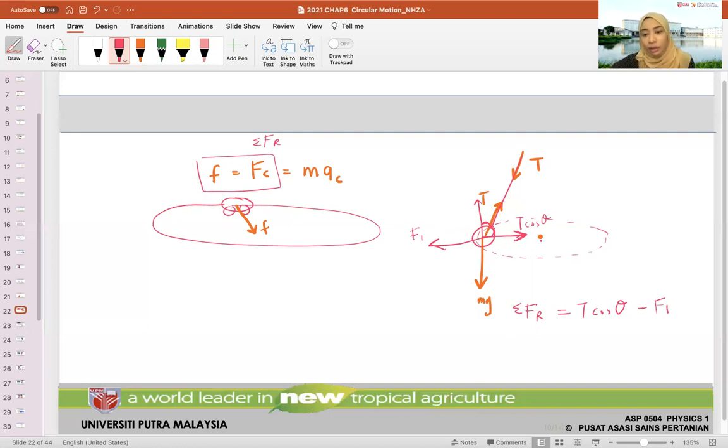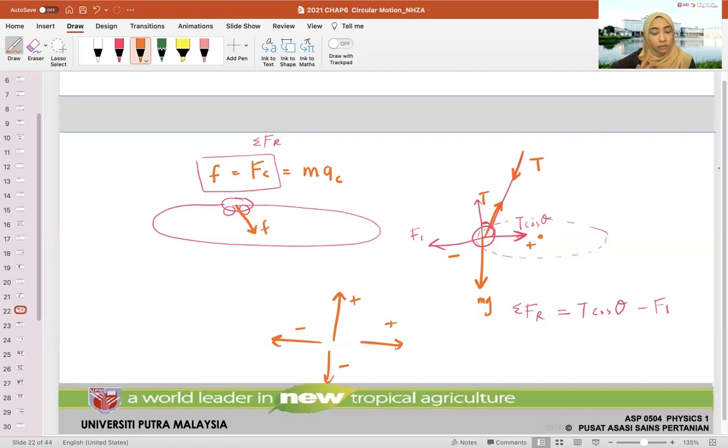Whatever goes towards the center is positive and whatever is away from the center of the circular path is negative. Just like we define up is positive, down is negative, right is positive, left is negative. In this case, towards the center of the circular path is positive, and away from the center is negative. So that is your convention.